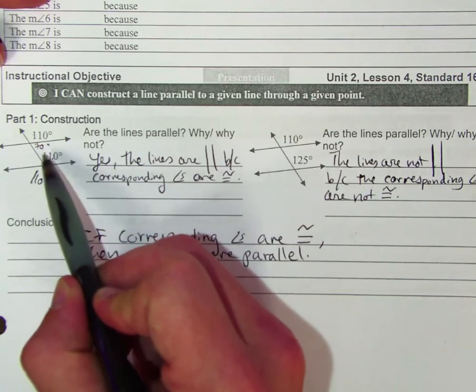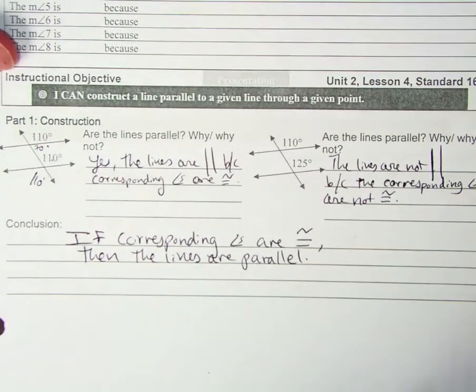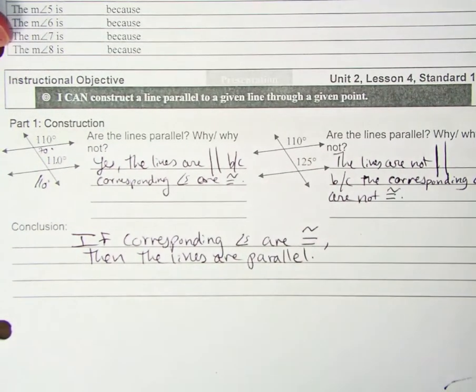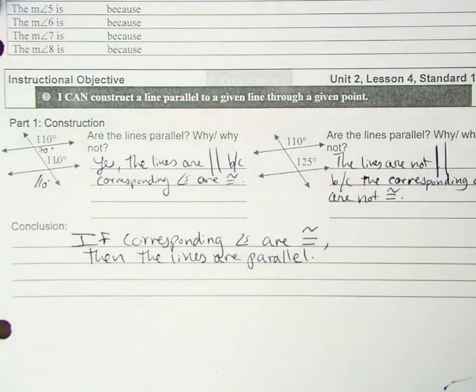So when they're supplementary, then the lines are parallel. So all those angle pairs that we learned before and their measurement relationships, when they happen, the lines end up being parallel. So let's go see that by making, with the construction, two corresponding angles, and when we see they're congruent, turns out the lines become parallel.